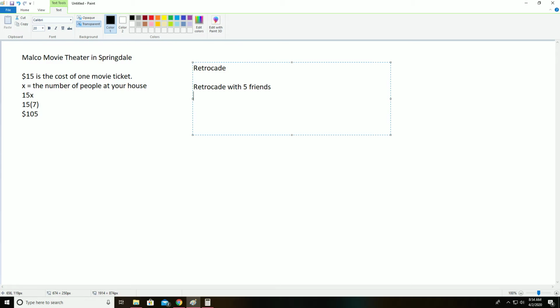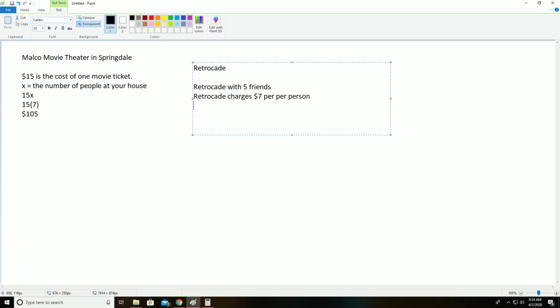And the Retrocade charges, let's say $7, because it's somewhere between 5 and 10. I think it's about $7 per person. And that's an all-day pass. You can stay there as long as you want.